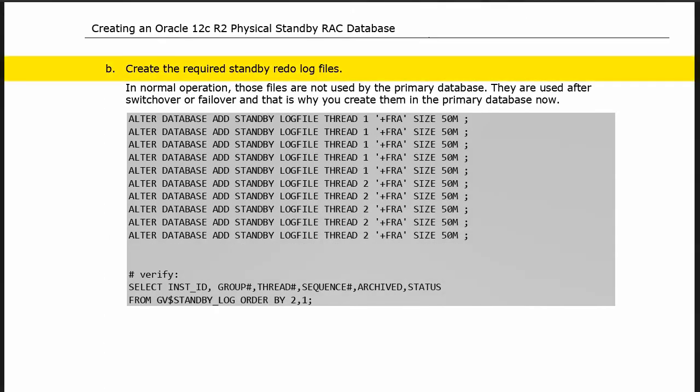In the next step, I will execute the commands as shown in the document to create 10 standby redo log files in the database. In normal operation, those files will not be used by the primary database. They will be used after switchover or failover operations.